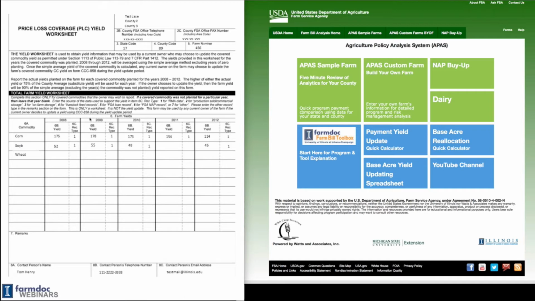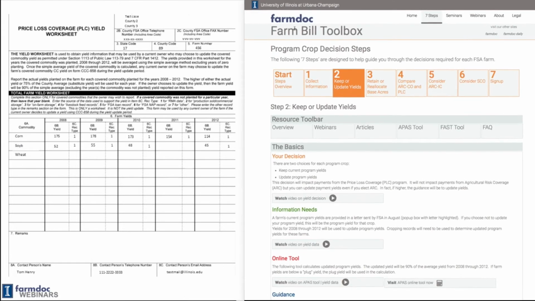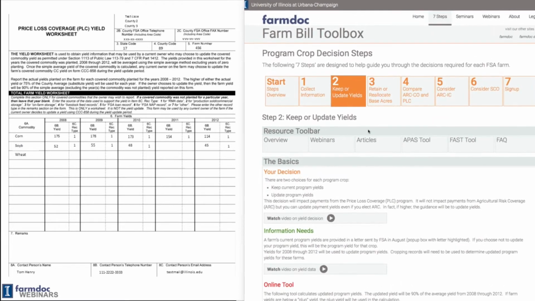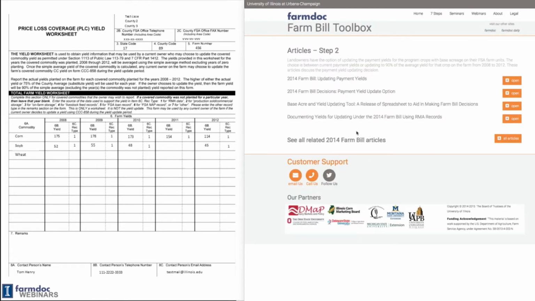There are some points about that. Sometimes those crop insurance records won't match the RMA sheet. If you go into our keep or update yields articles, there is one documenting yields for updating under the 2014 Farm Bill using RMA records, which will cover a lot of the details associated with using that. Another point about updating is that sometimes you won't have documentation.